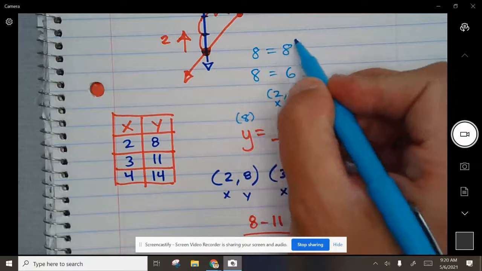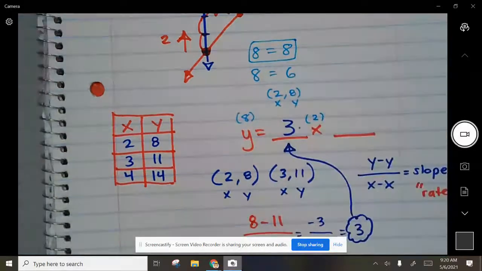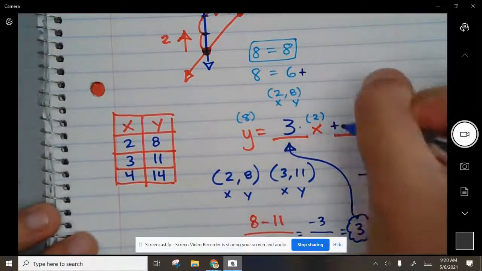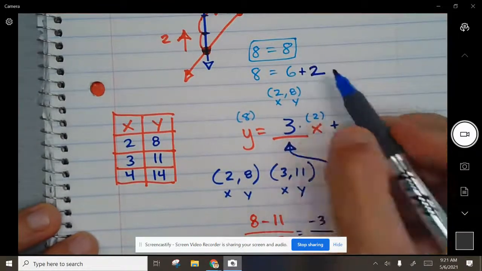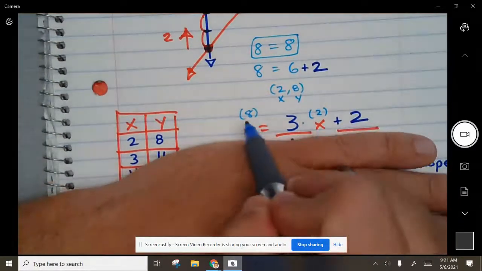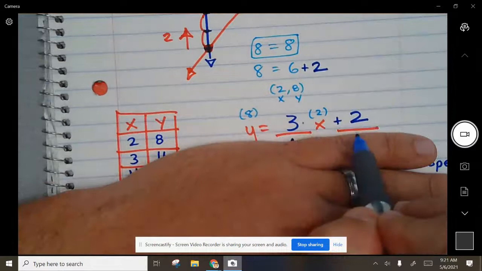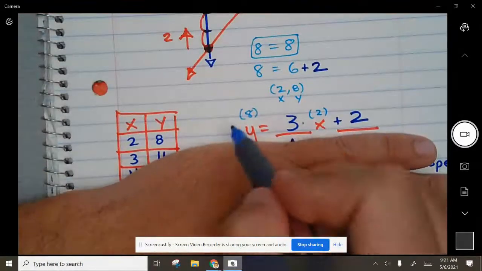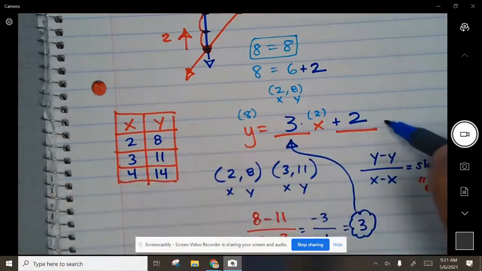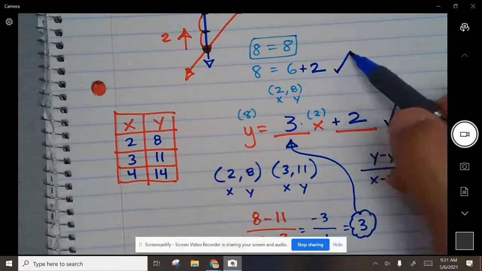How do we get to that point? We are going to go ahead and add what to 6? 2. Now let's read the sentence. Does 8 equal 3 times 2 plus 2? Does 8 equal 3 times 2 is 6, plus the 2 is 8? Yes. Now that checks out. Now we're good to go.